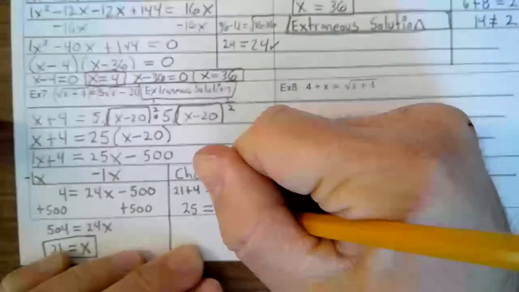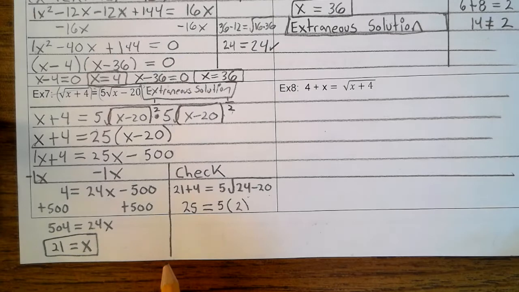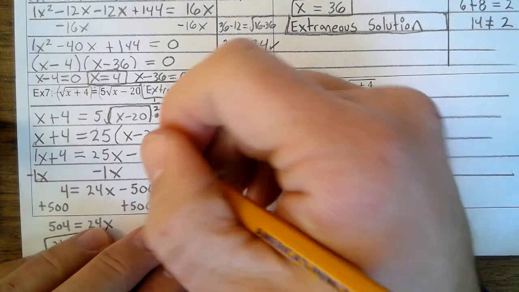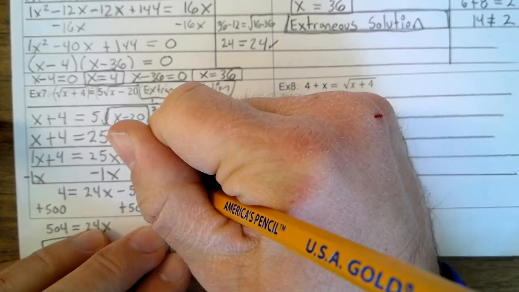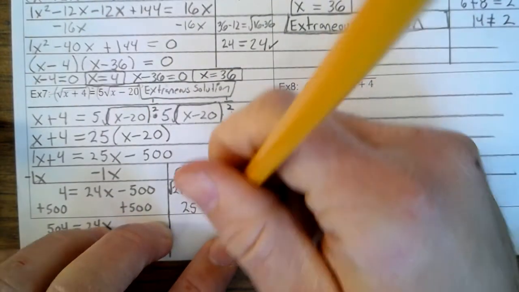Oh, wait a second. Hold on. This was a square root of... that's much better. And that's not 24, that's 21. So let me do that again.